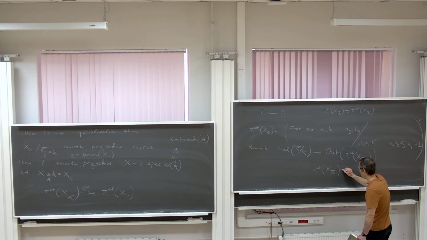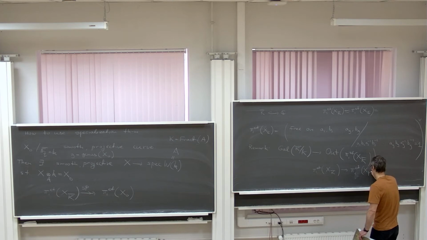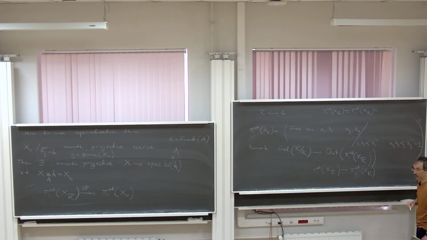By functoriality, it maps to the fundamental group of X_k. And this scheme maps to Spec k. So by functoriality, you have a map to π_1 étale of Spec k, which is nothing else but the Galois group of k bar over k.